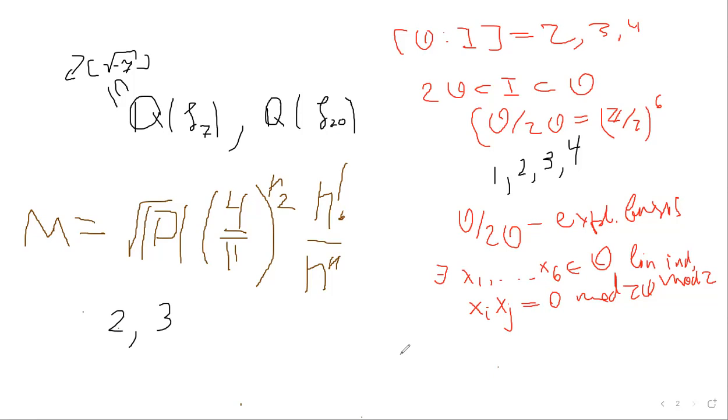So let's see here. Obviously, 2 is 9 minus 7. So it is 3 minus square root of -7 multiplied by 3 plus square root of -7.